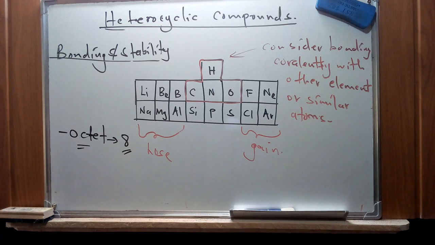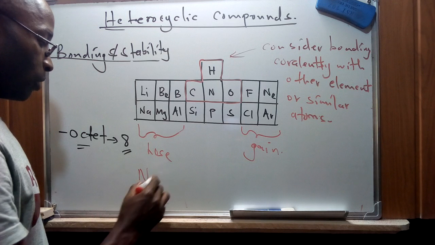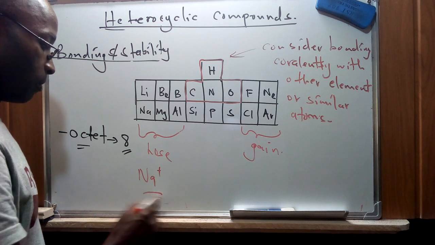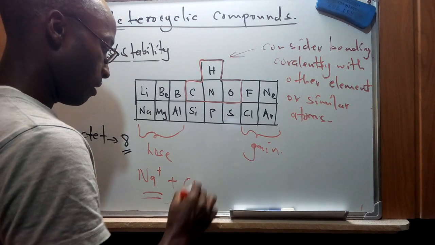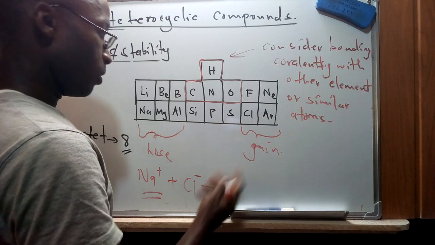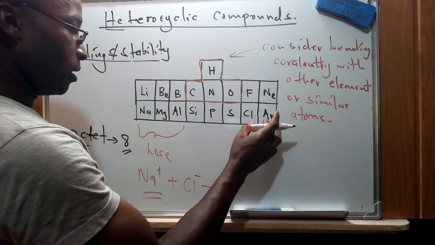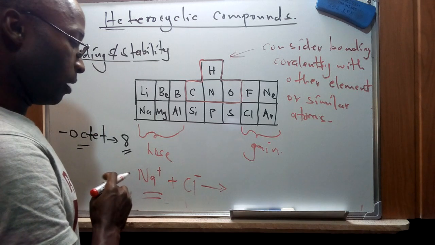For example, sodium is going to lose an electron to form an ion lattice when it joins with another element on this other side. Chlorine will gain 1 electron to attain the octet rule, while sodium will lose that 1 electron to attain the octet state.